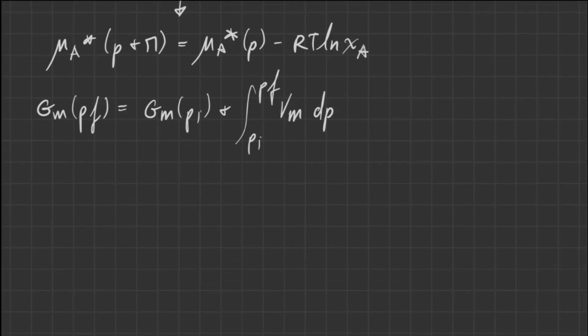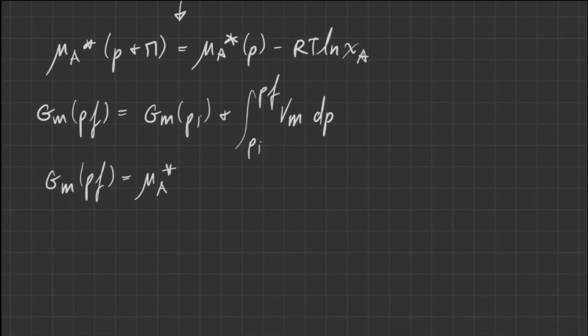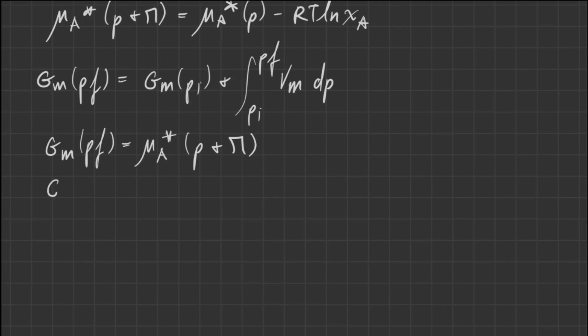What you want to recognize here is that the molar Gibbs free energy at the final pressure is equal to your mu A standard at the final pressure, being the initial pressure plus your osmotic pressure.